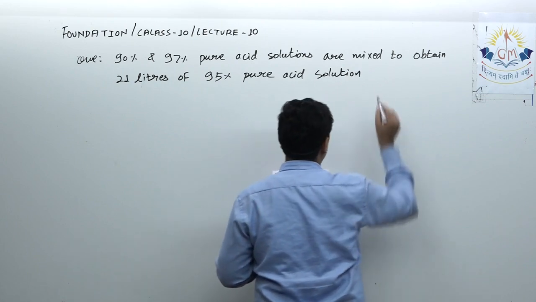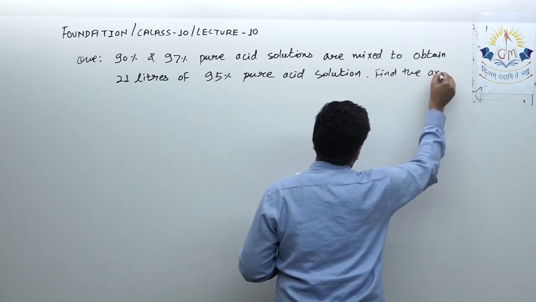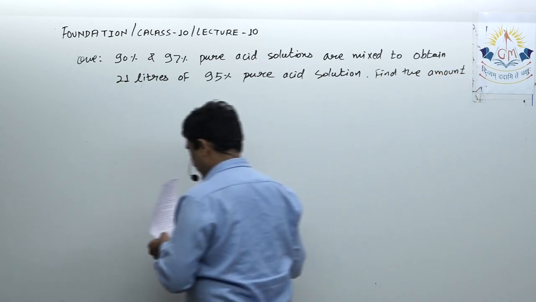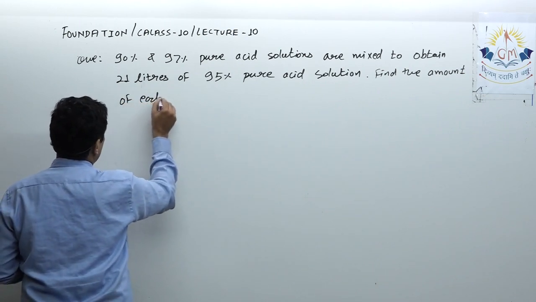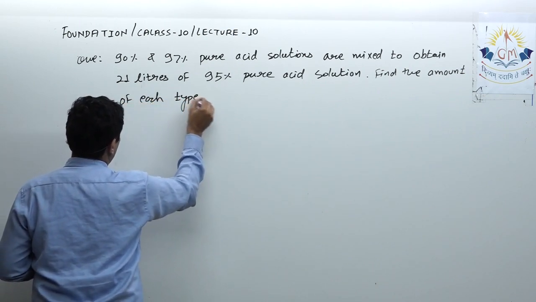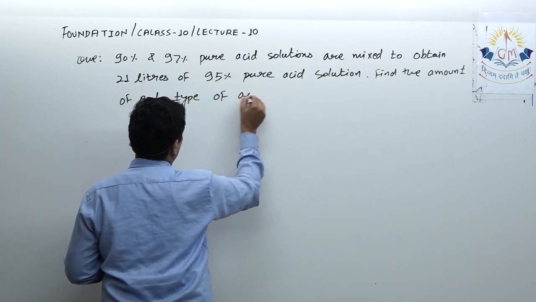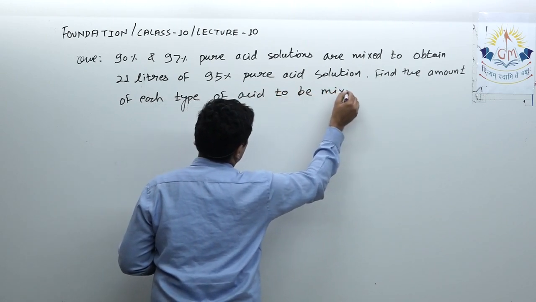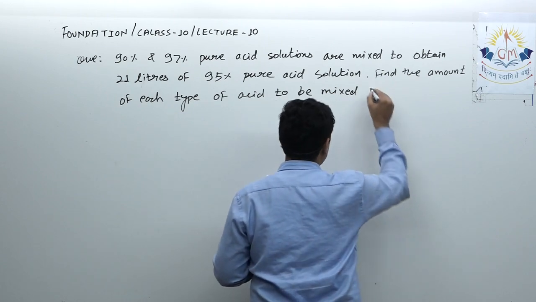Find the amount of each type of acid to be mixed to form the mixture.